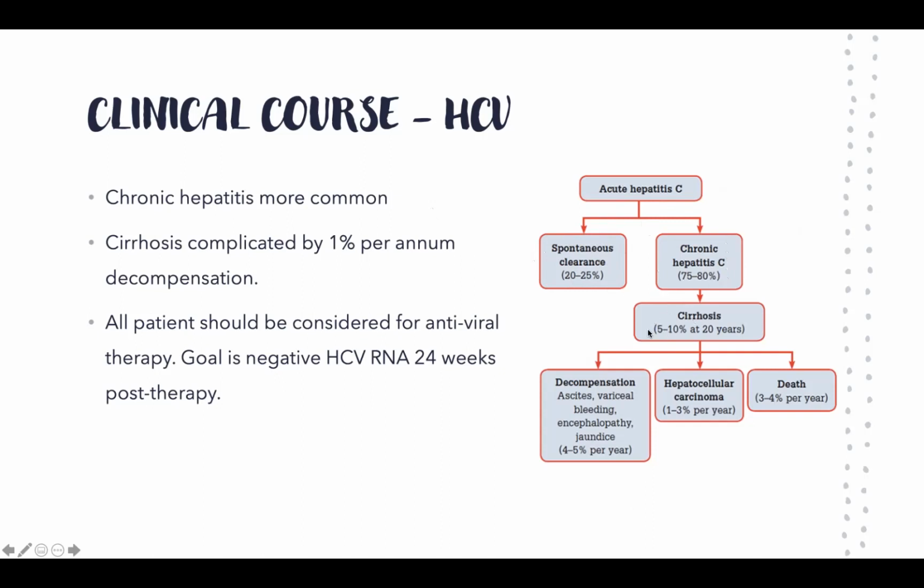Then a subset of these patients will have cirrhosis, end-stage liver failure, and then this is further complicated by decompensation due to cirrhosis, hepatocellular carcinoma, or death. So cirrhosis is here. It shows that there is a 1% per annum decompensation. And all patients should then be considered for antiviral therapy.